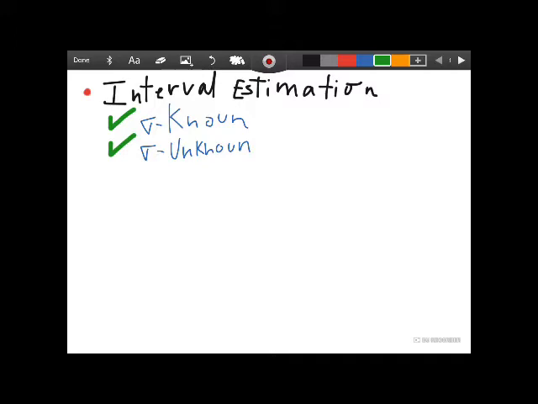What we're going to do is use a point estimator, and we learned that x bar is a good estimator for mu. So in both situations, sigma known or unknown, we're going to try to get an interval estimation that is going to give us some sort of confidence that the true population parameter is in that interval.